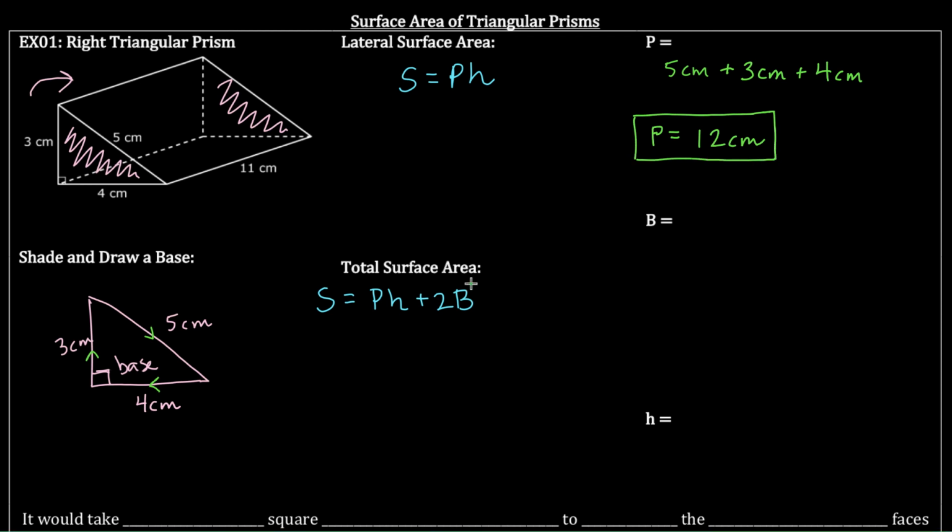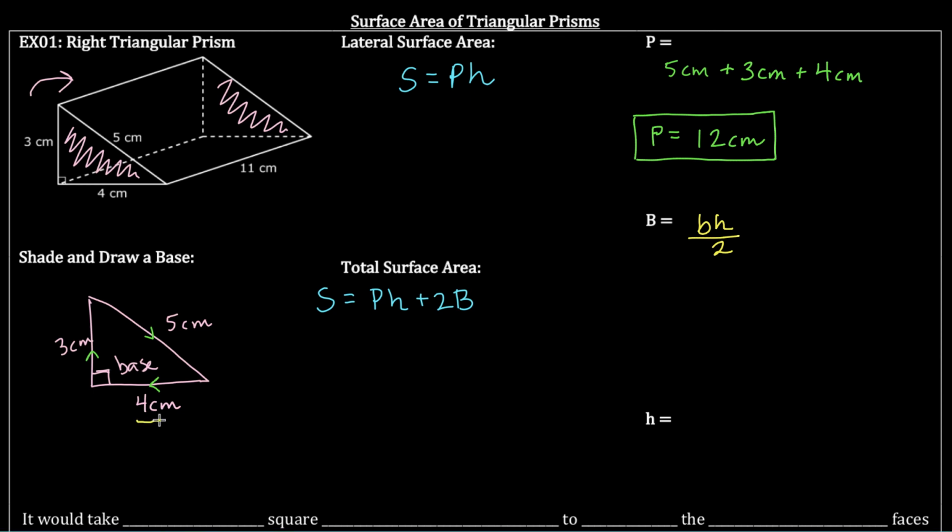Now we need to find the area of the base. Remember, this is a triangle. So the area of the base is base times height divided by 2.